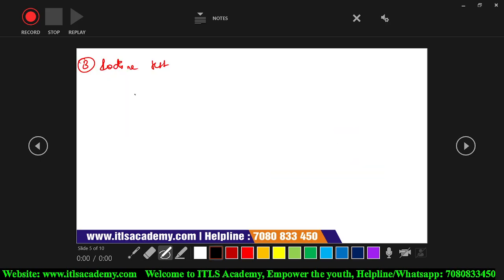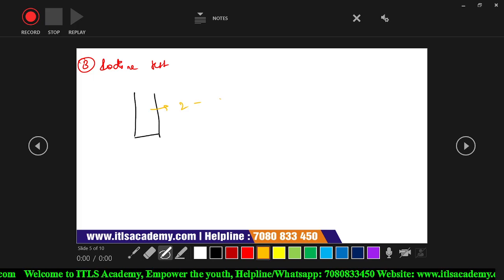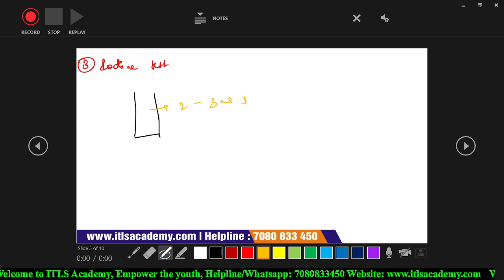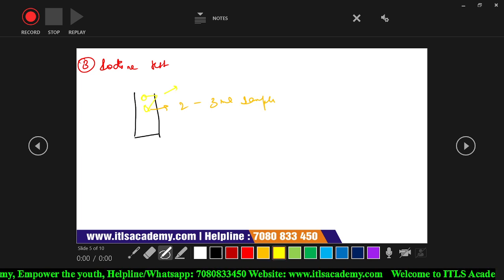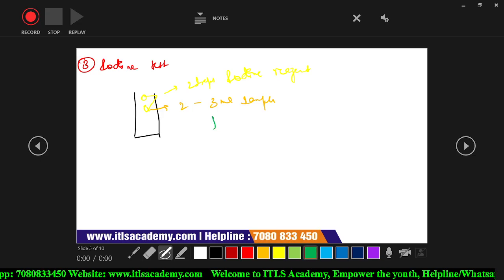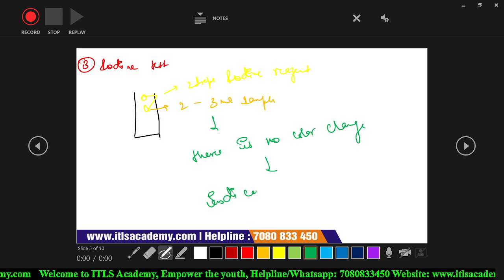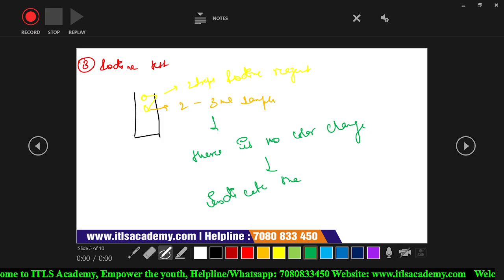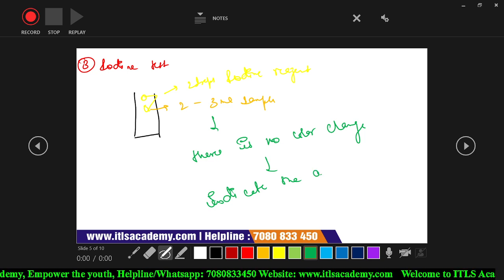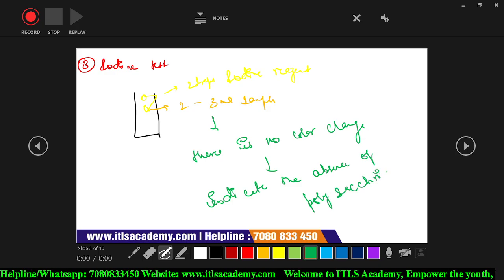Now the next test is your iodine test. For the iodine test, again we take a test tube, and in the test tube we add 2 to 3 ml of sample and 2 drops of iodine reagent, and we observe that there is no color change, which indicates the absence of polysaccharide.